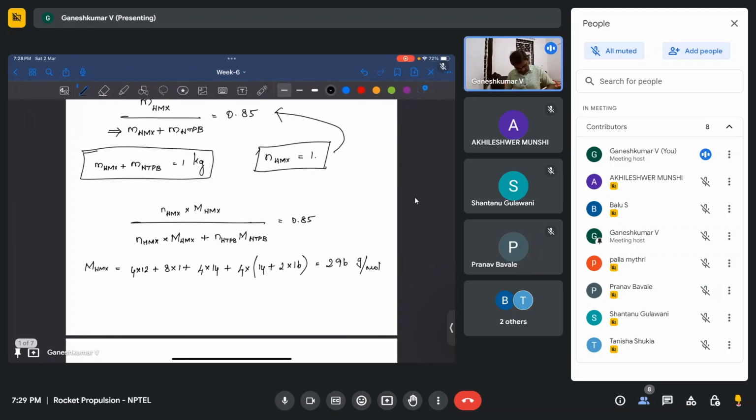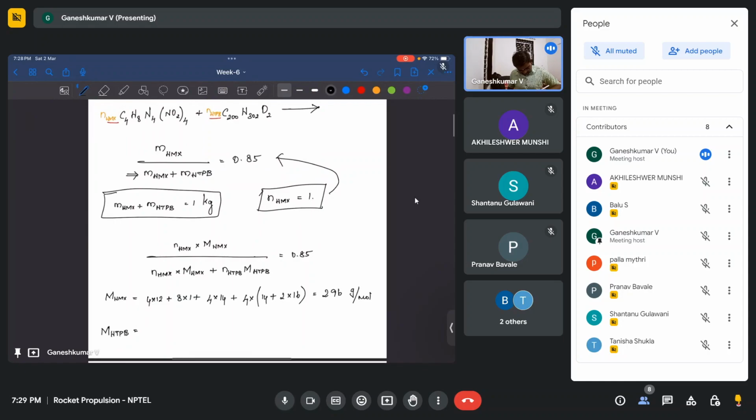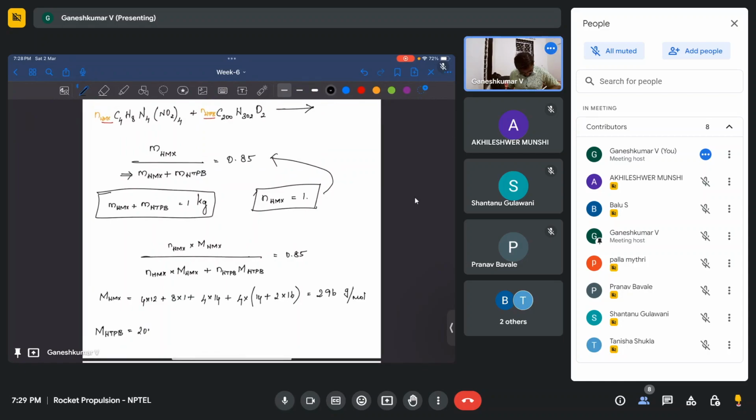Similarly, what would be the molecular weight of HTPB? So it is something like 200 into 12 plus 302 into 1 plus 2 into 16. 2734.